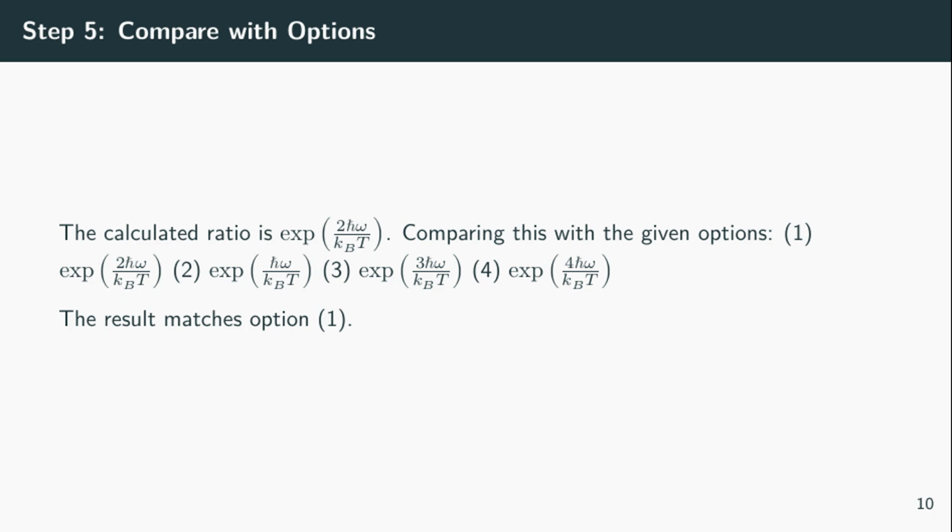Finally, let's compare our result with the options we were given. Our calculated ratio is exp of the fraction 2 h bar omega over kBT. Looking back at the options, 1 is exp of the fraction 2 h bar omega over kBT, 2 is exp of the fraction h bar omega over kBT, 3 is exp of the fraction 3 h bar omega over kBT, 4 is exp of the fraction 4 h bar omega over kBT.